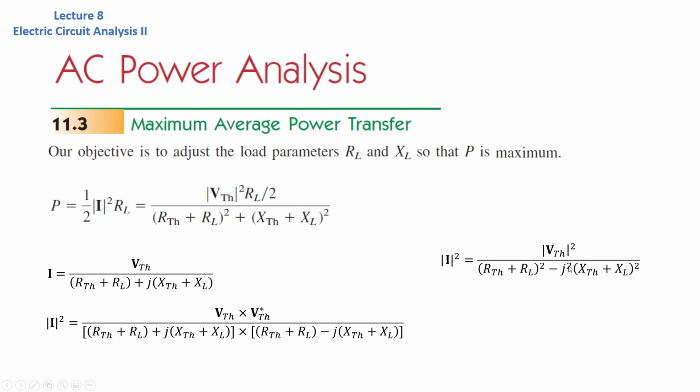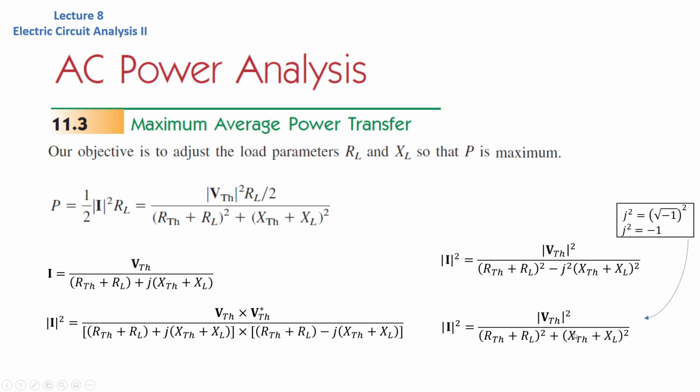So since j square is equal to -1, we can write it in this way, because this is supposed to be the magnitude, and it should not have this j, right?